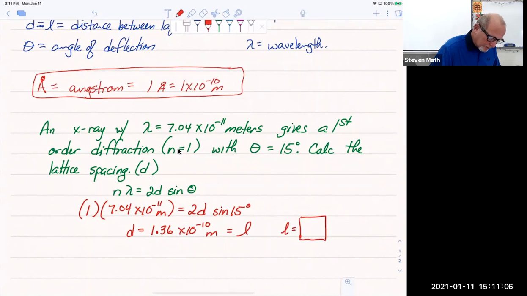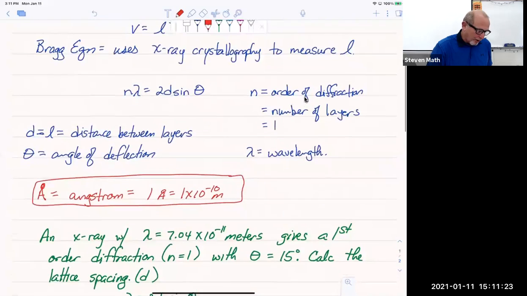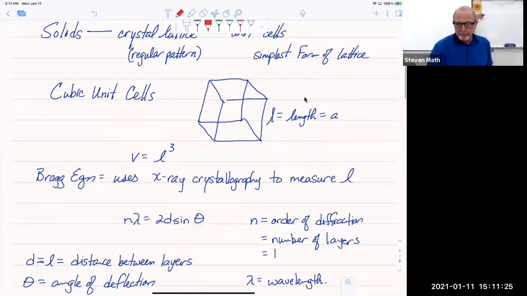L equals that. And from that, we can springboard into calculating the volume, getting the density, and doing some unit cell calcs. And those are coming up in future problems. But this is the Bragg equation that helps us to find that volume or that unit L.